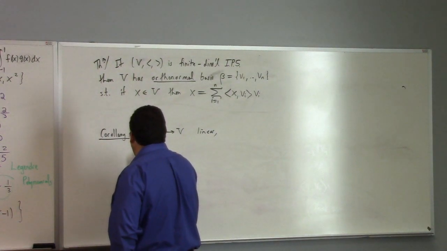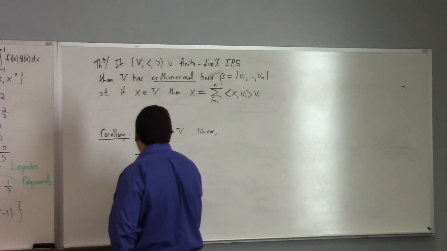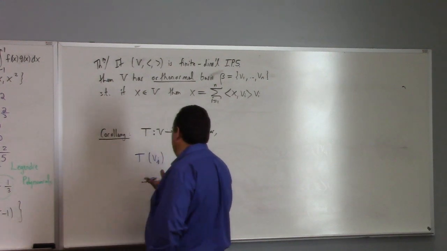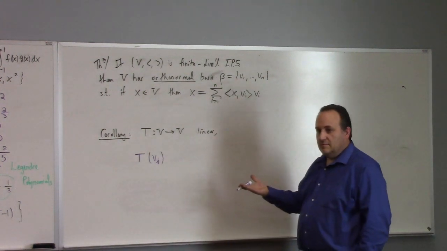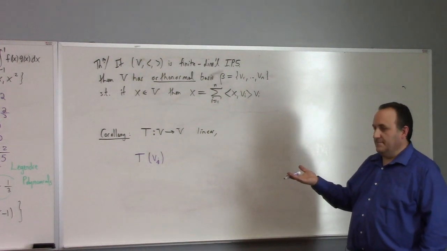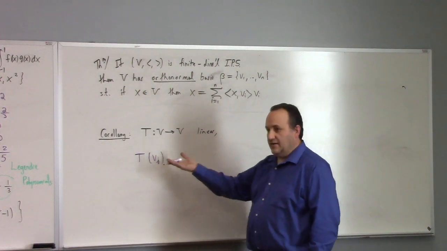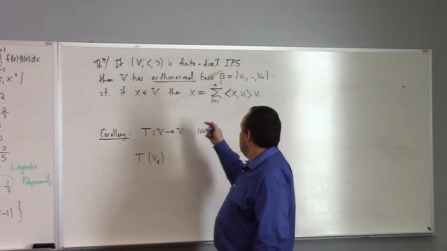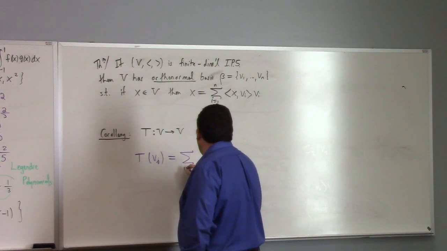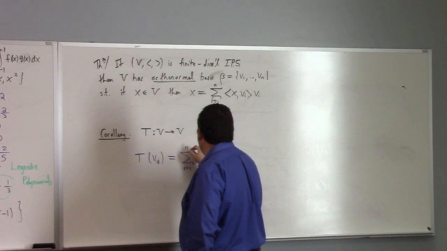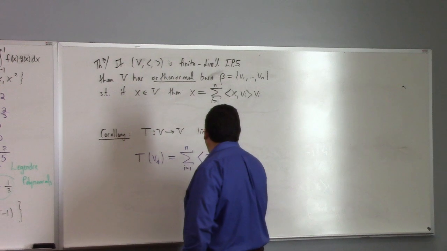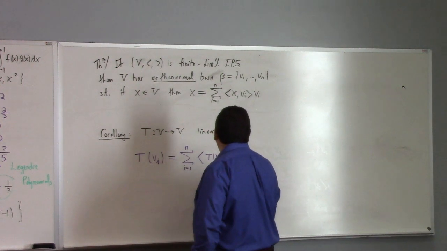Well, if we look at T of Vj, that would tell me about the jth column with respect to the beta basis, right? But this is a particular vector in V. As such, I can expand it according to that rule, right? So this is equal to the sum, i equals 1 to n, of, well, here x is T of Vj, the inner product with Vi, times Vi.